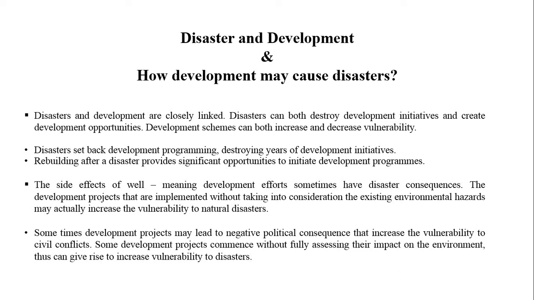Rebuilding after a disaster provides significant opportunity to initiate development programs. Okay, so disaster and development is one of the most important parts of disaster management. A growing body of knowledge on the relationship between disaster and development indicates four basic themes in disaster and development.